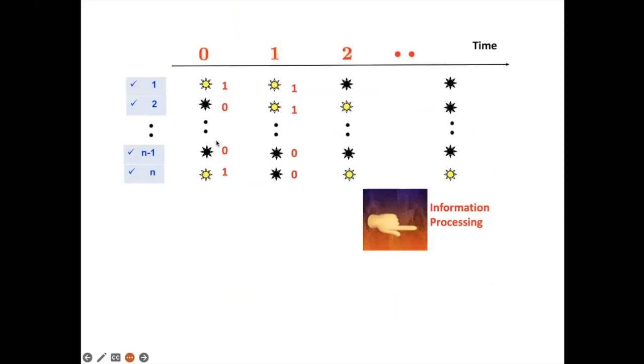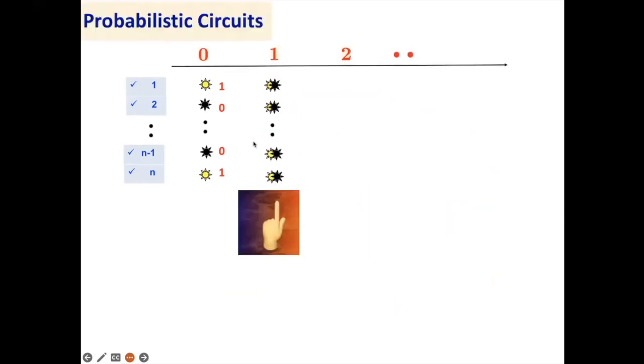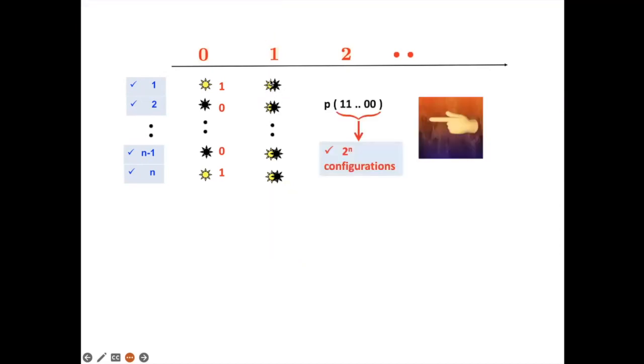You go from one definite state to another. Whereas when you have a probabilistic circuit, from 1 you don't go to a 1 or a 0, but you go to 1 with some probability and 0 with some probability. So when you want to describe the state of this probabilistic circuit, you need a probability distribution function.